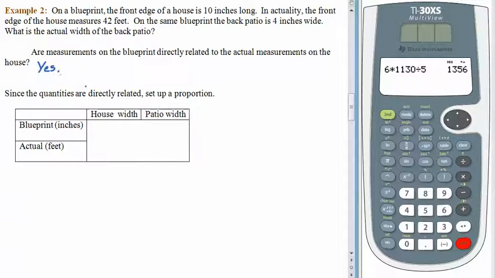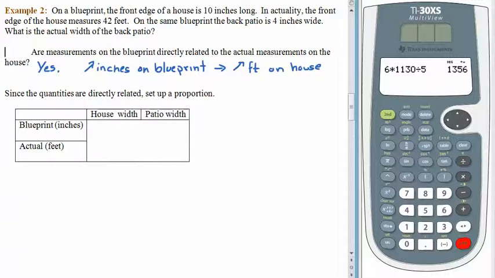Okay, well, why? Because if you double a distance on a blueprint, you expect the measurement on the house to be twice as long as well. So when you increase the inches on the blueprint, then we are increasing the feet on the house.